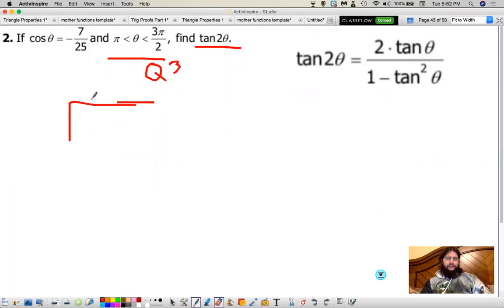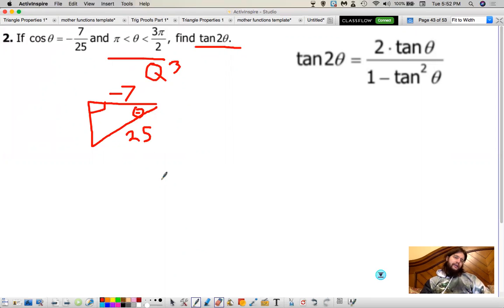Terrible triangle. Yeah, good enough. That's our right angle. That's my theta. Pretend I don't have terrible drawing skills. So -7 over 25. It's cosine, so that's adjacent over hypotenuse. Now, this is not one I recognize as a special Pythagorean triple, but it probably is.